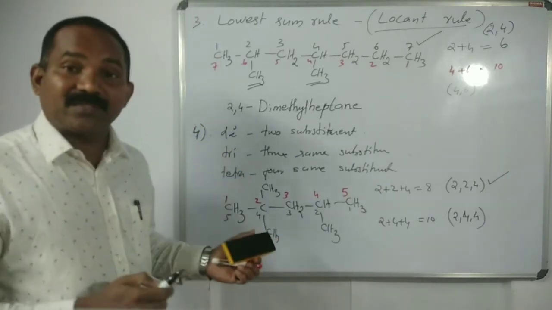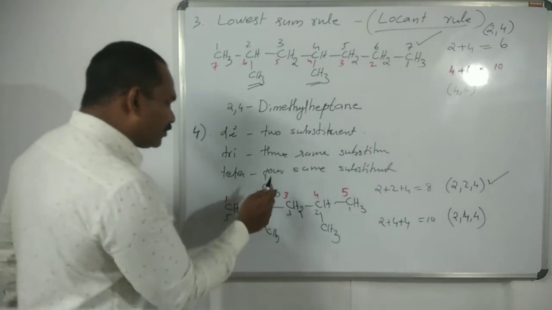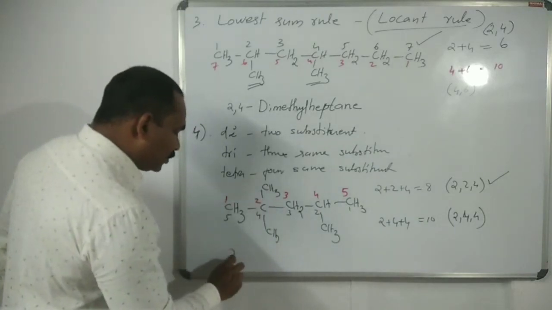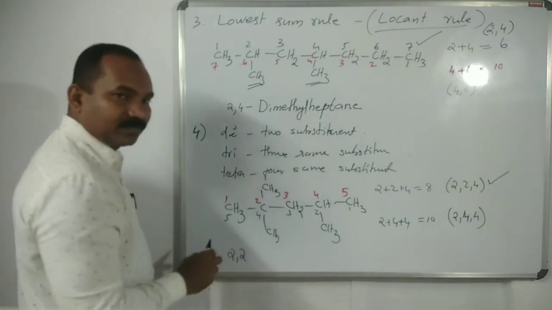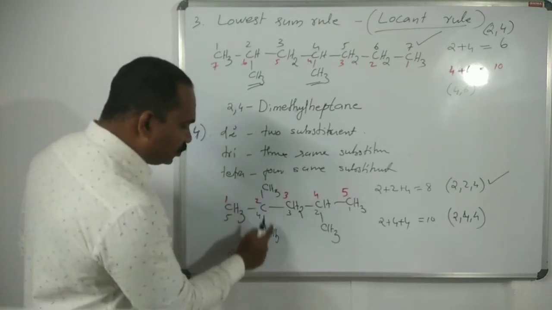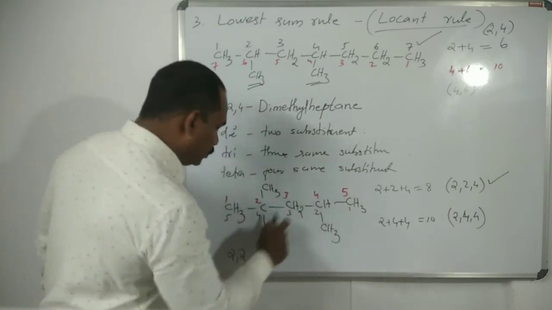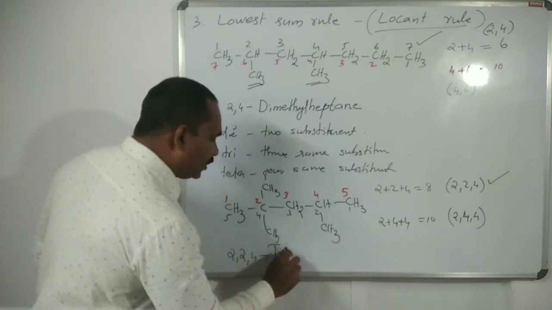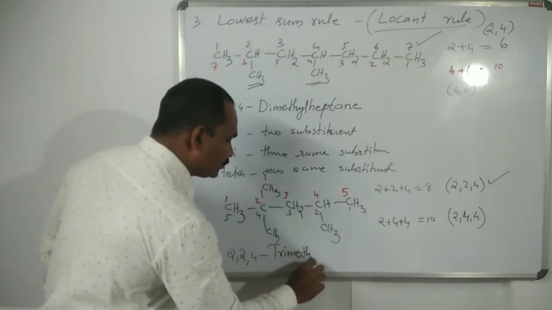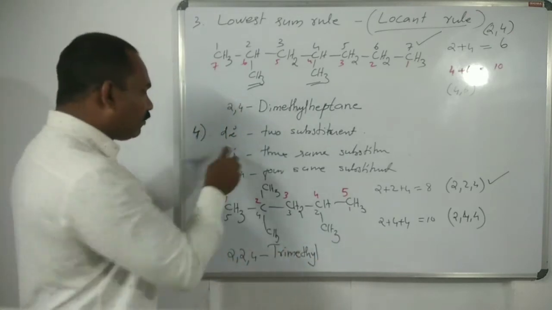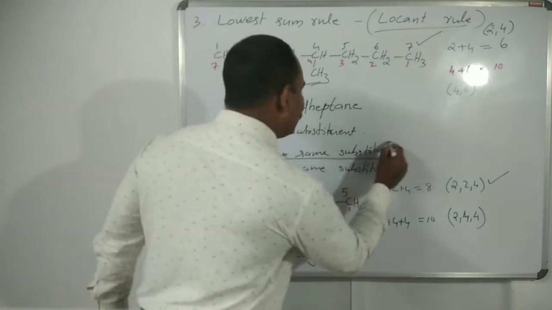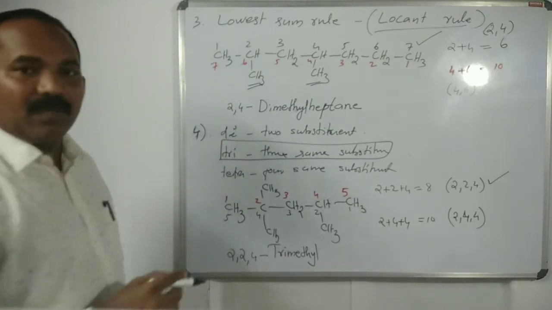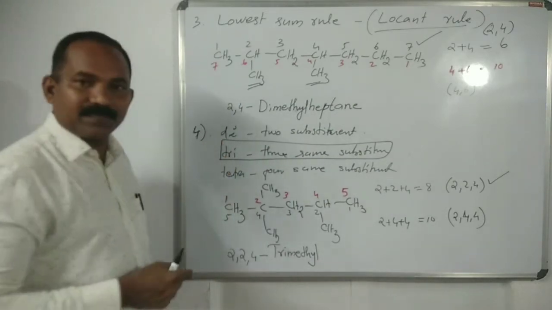What is the name of this compound? The name of this compound is 2, 2, second position 2, 2. So 2, 2, 4-trimethyl. When three same substituents come, we use tri.